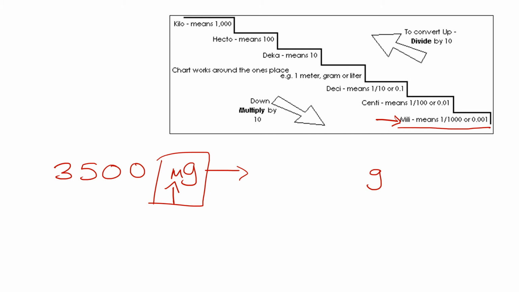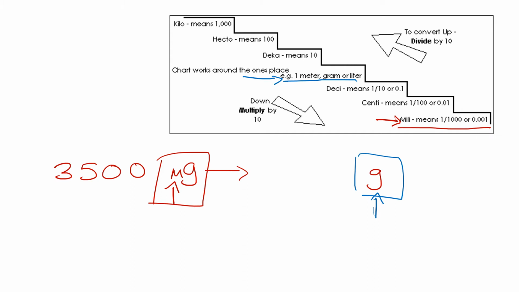So that's where we are. Where do we want to end? Where do we want to go or convert to? Well, we want to convert to grams. This is where we want to be. We'll go ahead and find gram on our stair-step chart, and that's right here. Here's our base unit right there, meter or gram or liter.